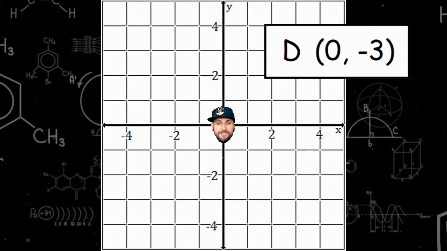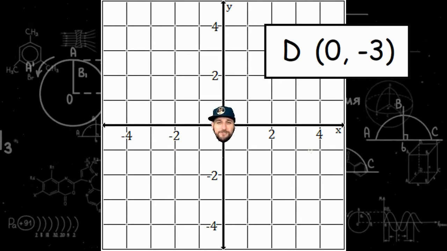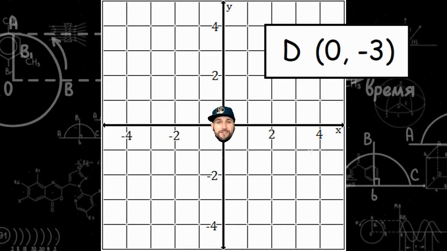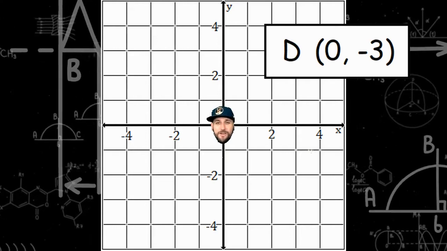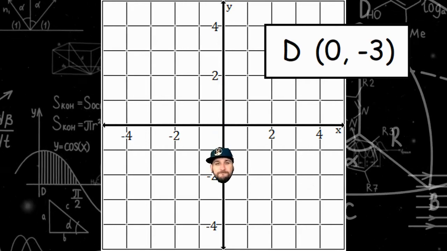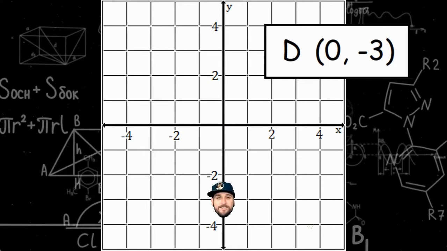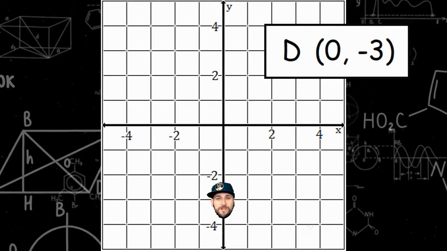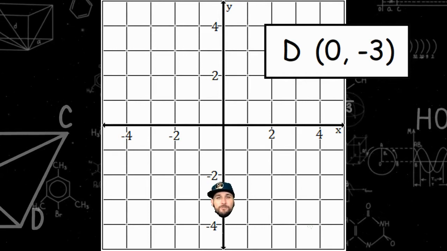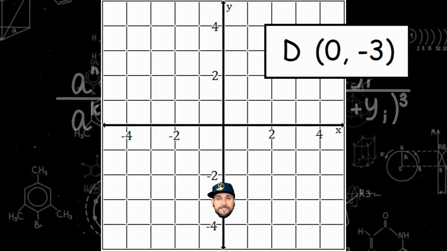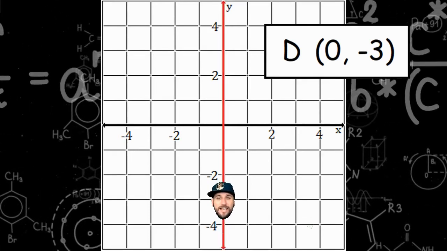I'm already at 0 on the x-axis, so I don't go left or right. My y-coordinate is negative 3, so I go down 3. And now I'm at 0, negative 3. It's not in any of the quadrants, so we could write none, or more preferably, we could write y-axis, because I am on the y-axis.